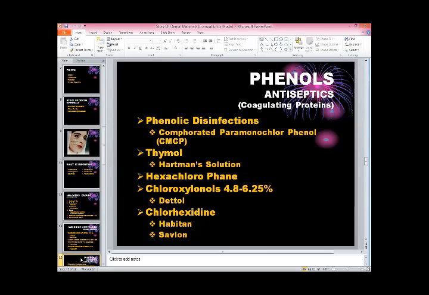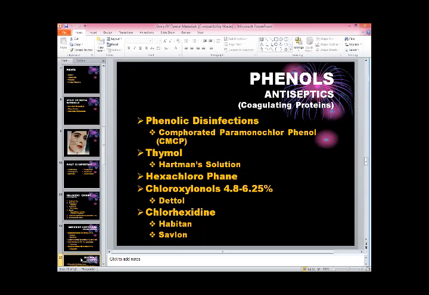When there is a bleeding gum or a bleeding area anywhere, this compound is very effective because it coagulates the normal cell or bacterial cell or any proteinous material, and that coagulation helps us to stop bleeding and other things.